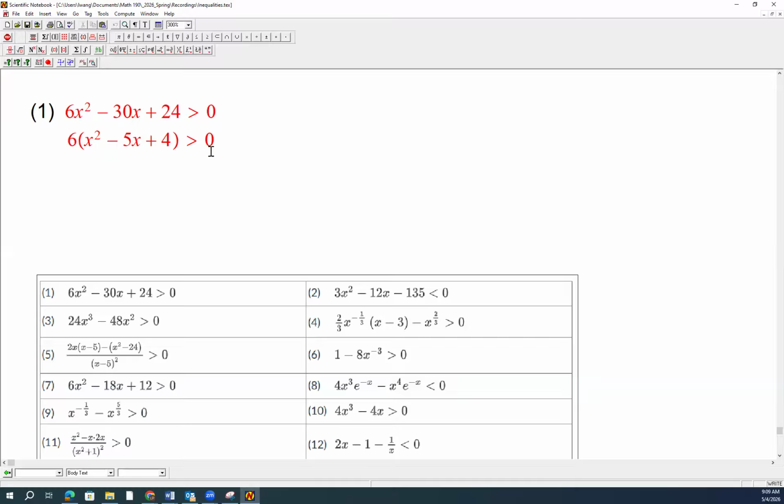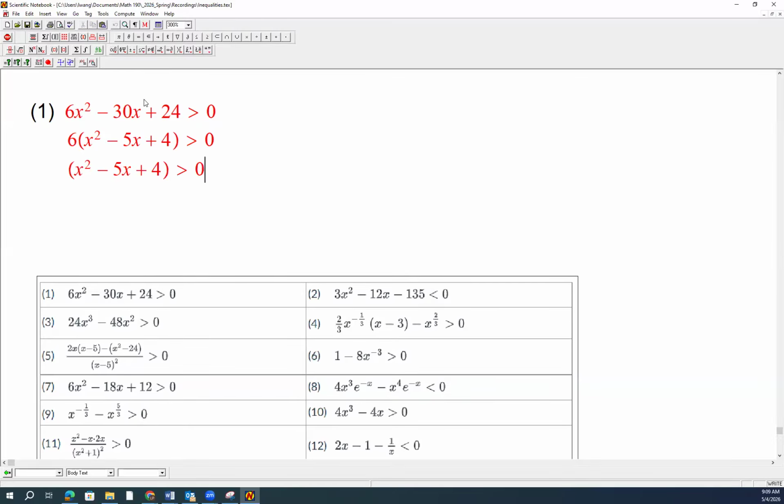Okay, so here we are going to factor. But before I factor, remember, I want to get rid of the 6. You can keep it, but I'm going to get rid of the 6. So I'm going to divide both sides by 6. Or you can say 6 times some quantity is greater than 0, so the other quantity must be positive. You don't have to visibly divide by 6. If you want to, you can do that.